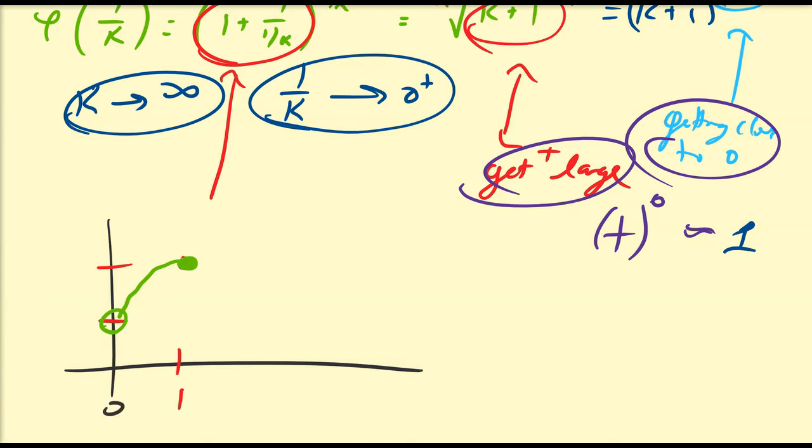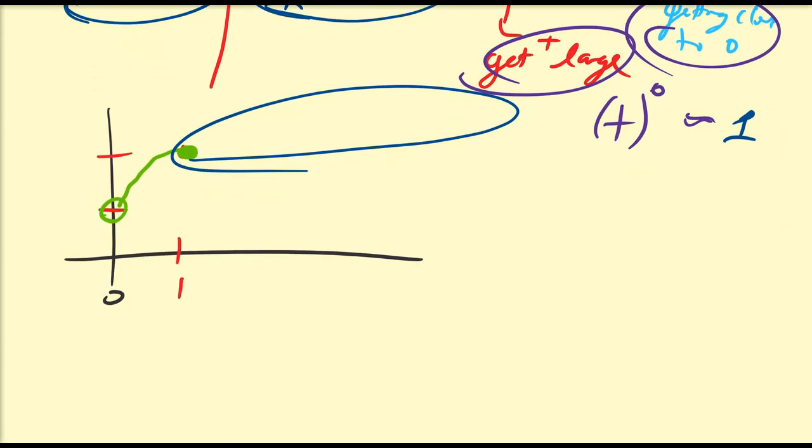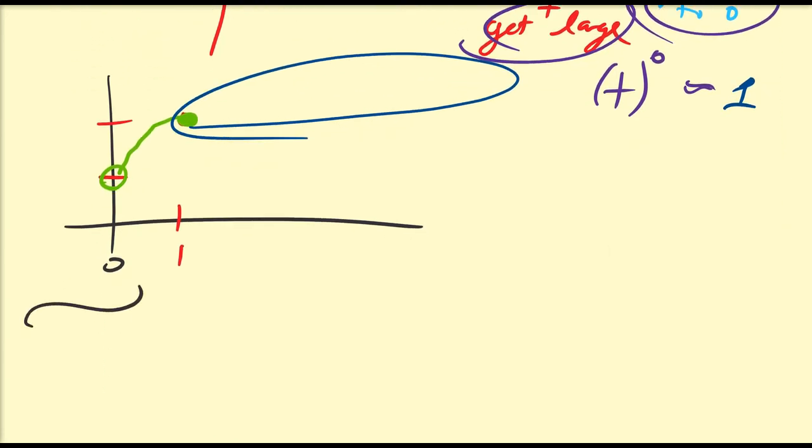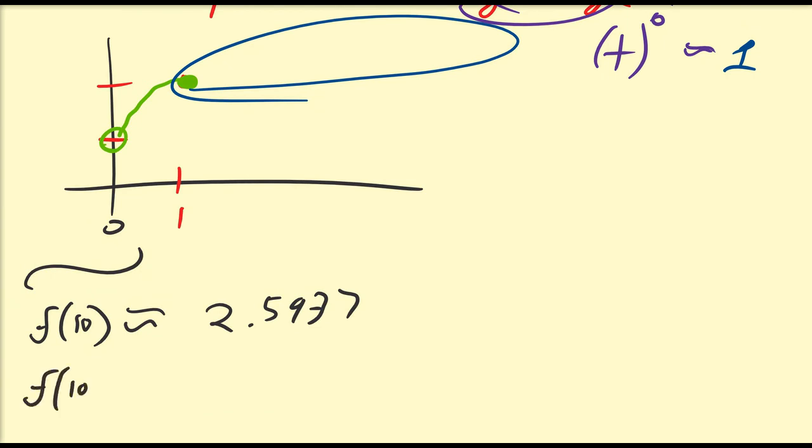So now I want to look at the interval where x is bigger than 1. I can just plug in some numbers to get an idea of what this curve is doing. So f of 10 is going to be approximately equal to, and you can use a calculator to verify this, 2.5937. If you plug in 100, this is approximately equal to 2.7048.